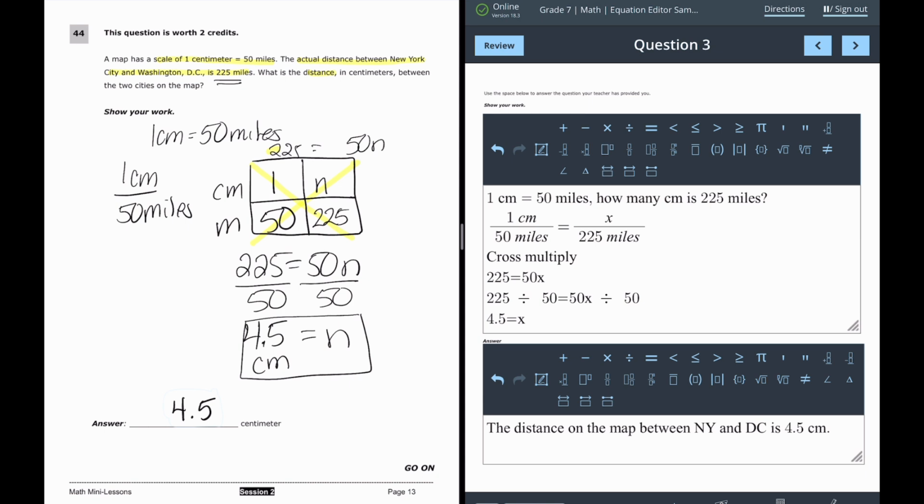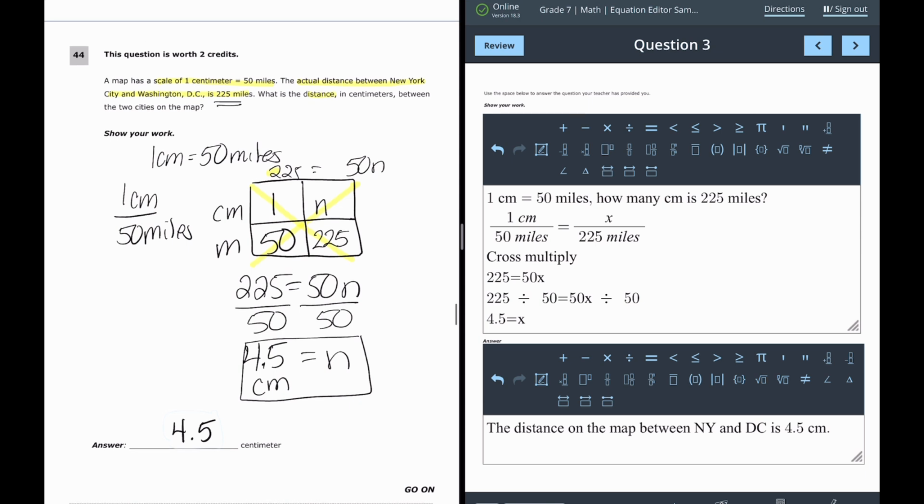And I took the original part and I was still able to make a proportion. So I didn't draw the whole square, but you can see the 1/50 is equal to x over 225. And I told them I cross multiplied to get 225 is equal to 50x. And then I just divided both sides by 50, and I wrote that out. So you can see I divided both expressions by 50 to get my final answer.